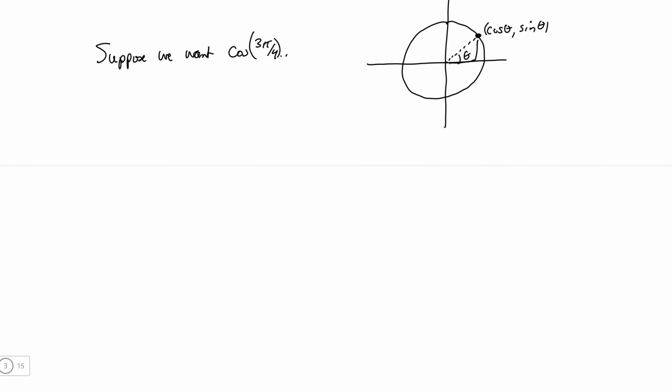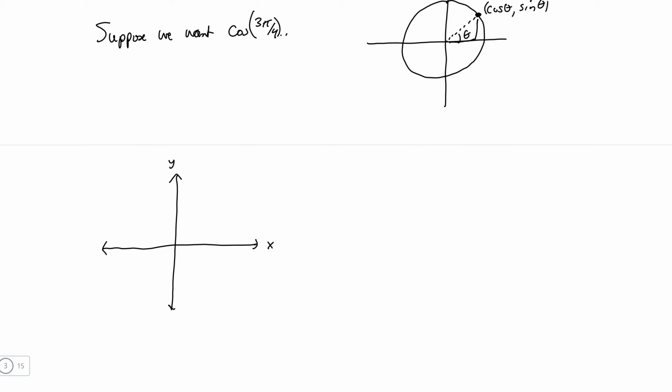So if I look at where 3 pi over 4 is on my unit circle, 3 pi over 4 will be over here. So this is 3 pi over 4. But what we can notice is this angle then is pi over 4.